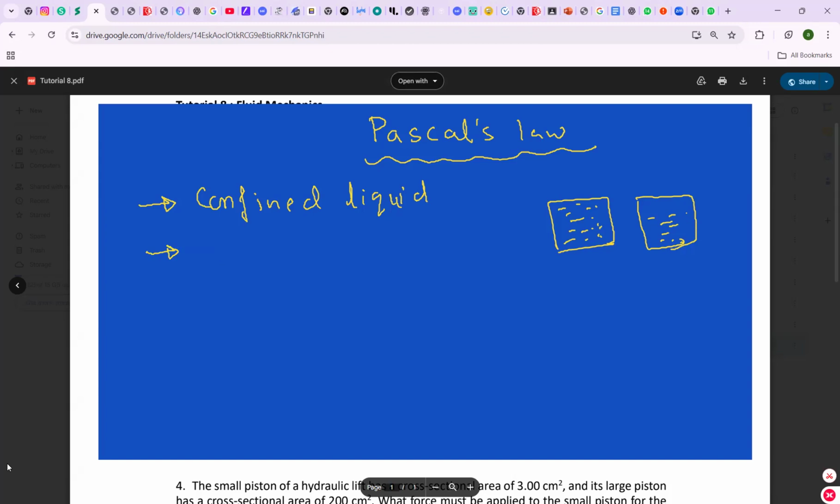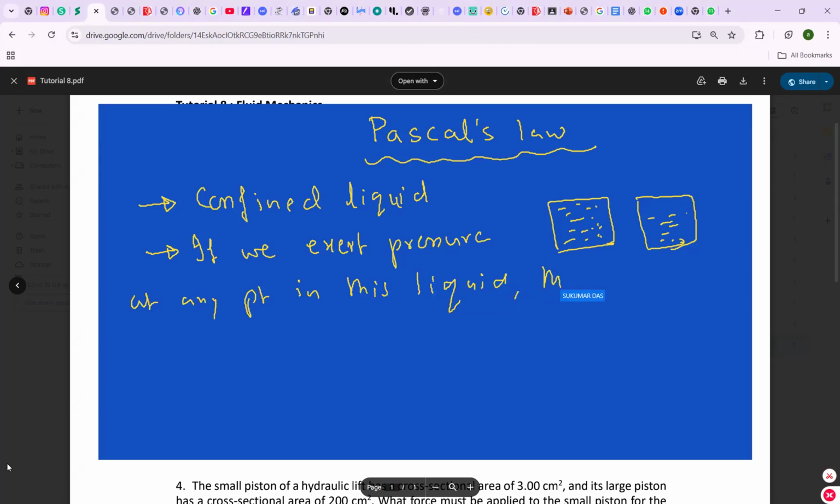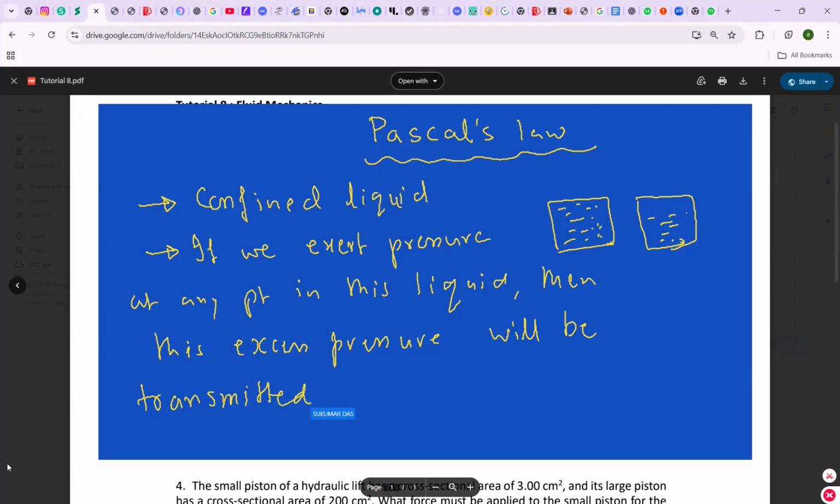if you apply pressure at any point in this liquid, then this excess pressure, because we have exerted pressure, that is obviously excess, will be transmitted equally in all directions within the liquid.